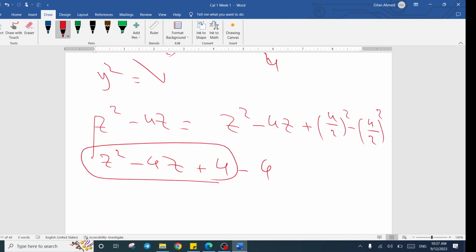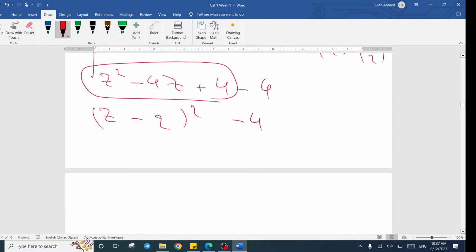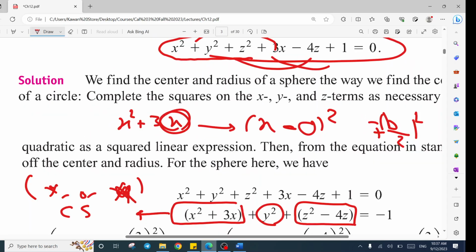This one will again be a complete square, z minus 2. You remember that? If you don't remember, try to replay my video. Good. Now we are going to combine all together.